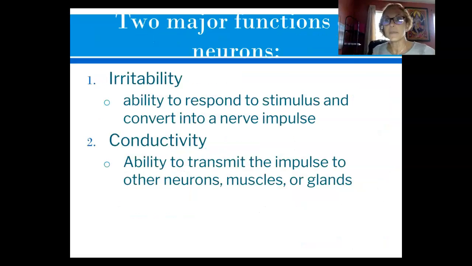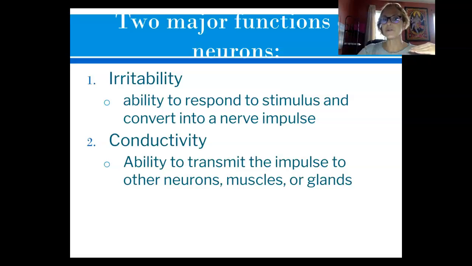So this is irritability. We used that word last chapter as well, the ability to respond to a stimulus. So we initiate that stimulus with a variety of things like sound, chemicals, pressure, acidity, things like that. And then that signal becomes an action potential, which is then the next stimulus, so that continues.